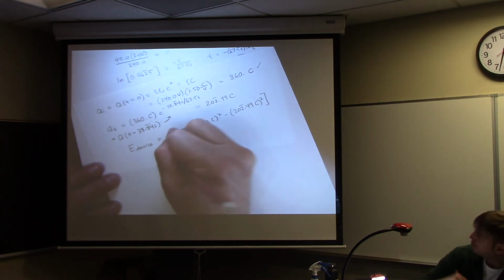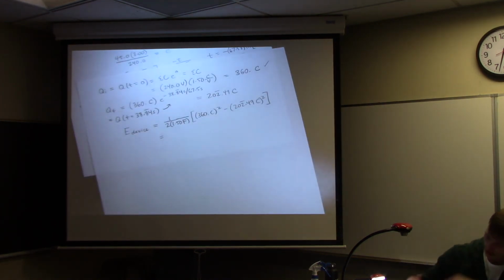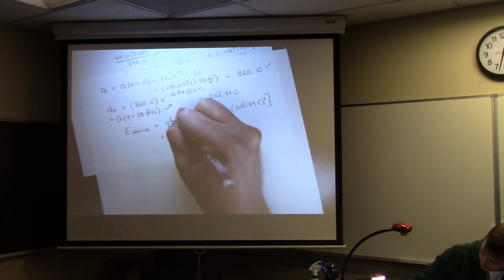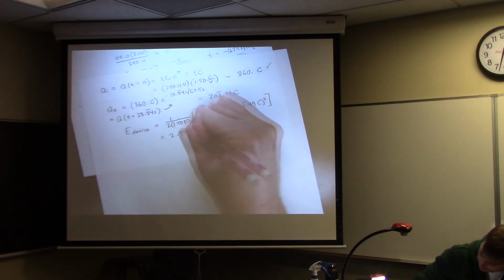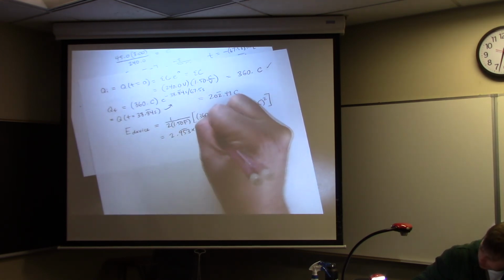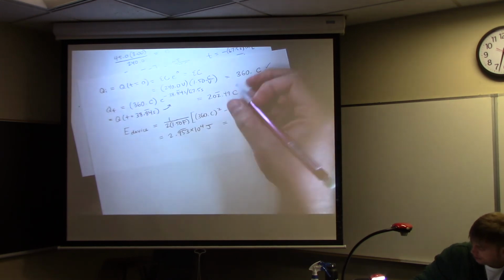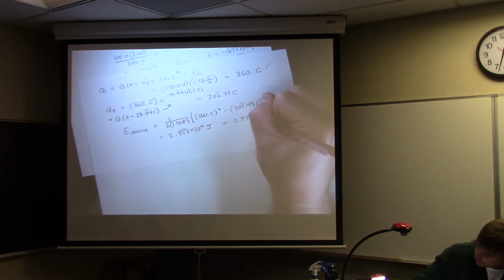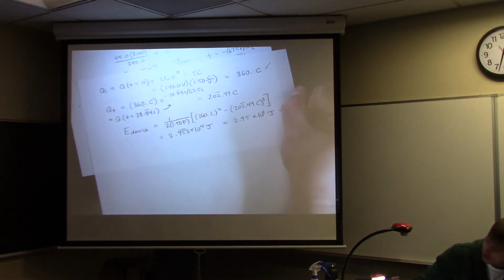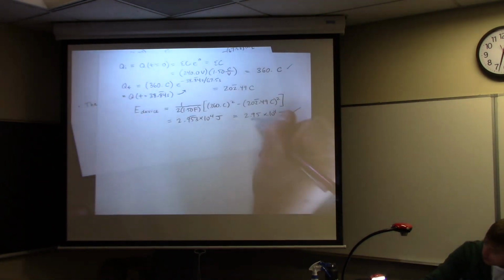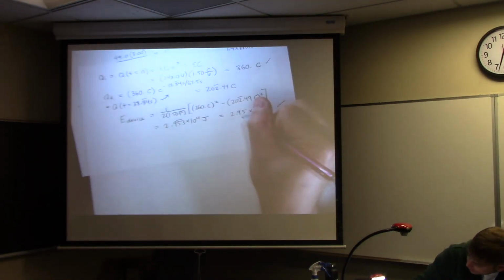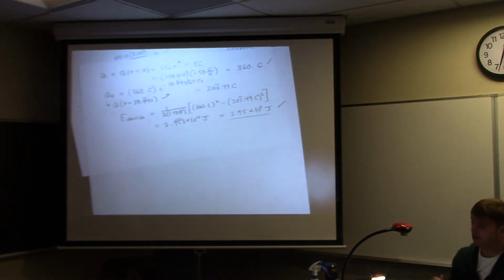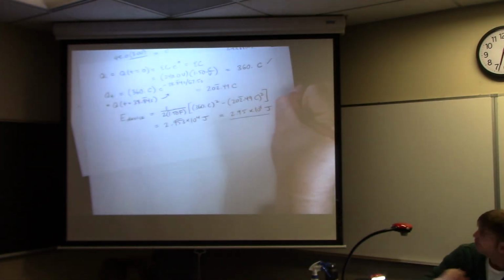And it turns out to be a pretty substantial amount of energy. It's 2.953 times 10 to the 4th power joules. We'd round that to 2.95 times 10 to the 4. That's how much energy we're using while the backup power source is functioning.